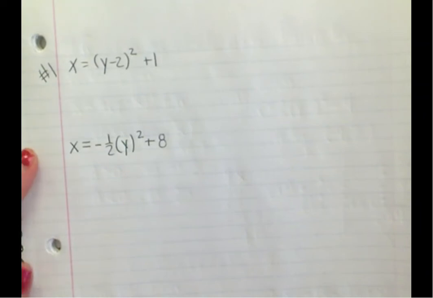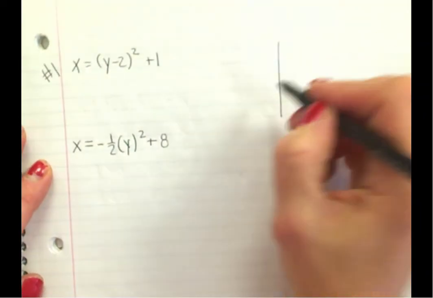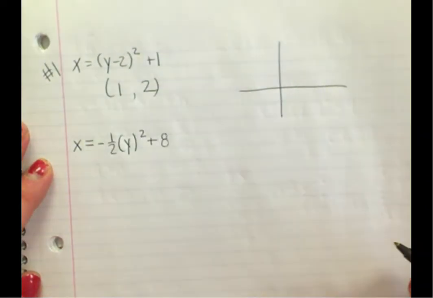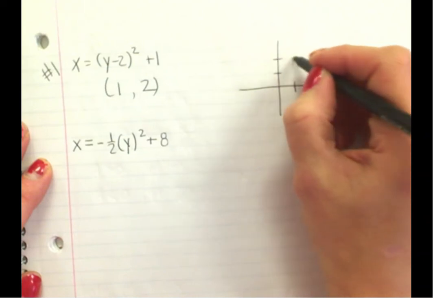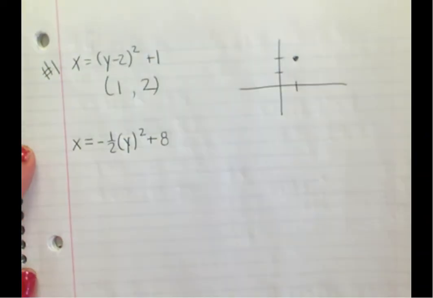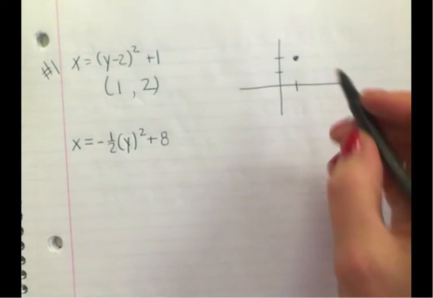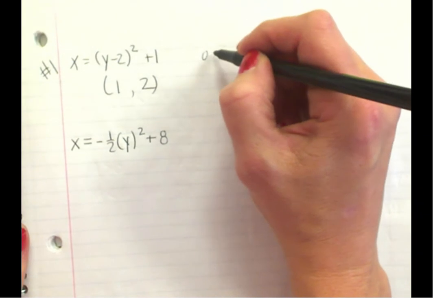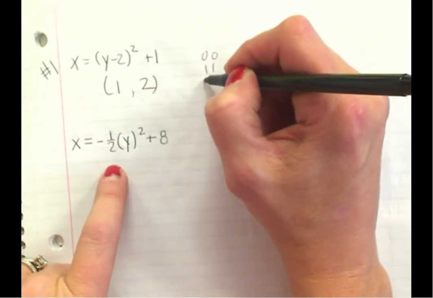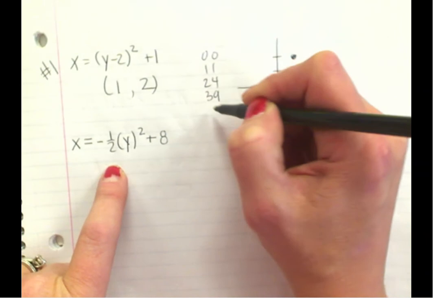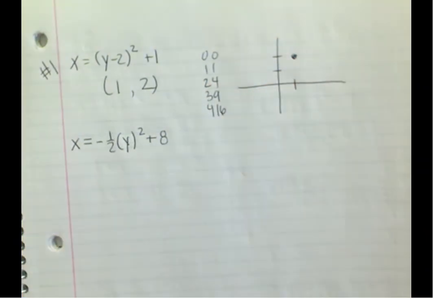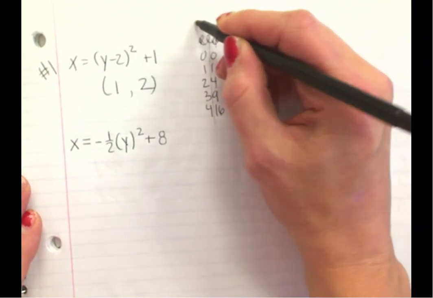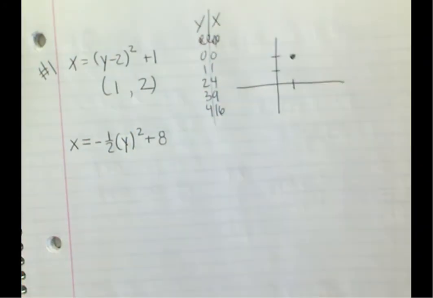Okay, there's a question. Here we go. I'm going to show you, and then I'll put up another one. Okay, so for this one, slowly write your vertex, and then actually plot it. Most people got it in the right place, and then count. Okay, so there was a request for the table, so I'm going to do it because it's going to help us when we get down here. I don't have to use all of those values. I'm just writing them there. Now, typically I would go X, Y, but really this is the switched, so I'm going to go like this.